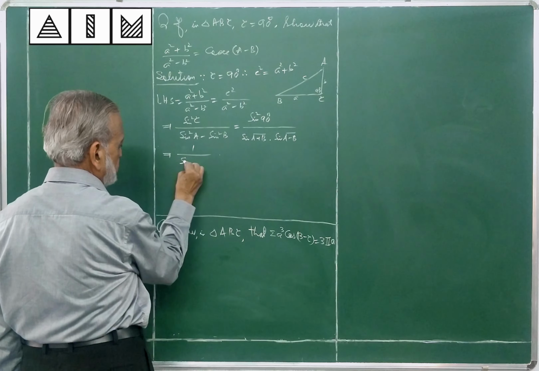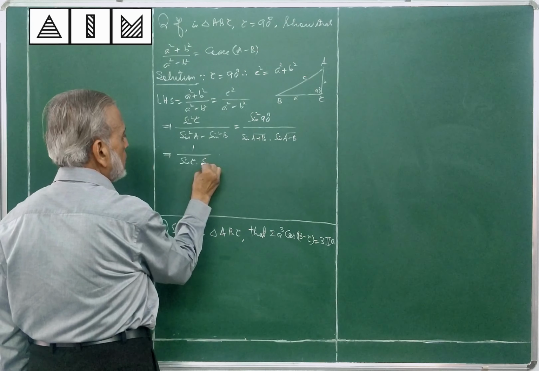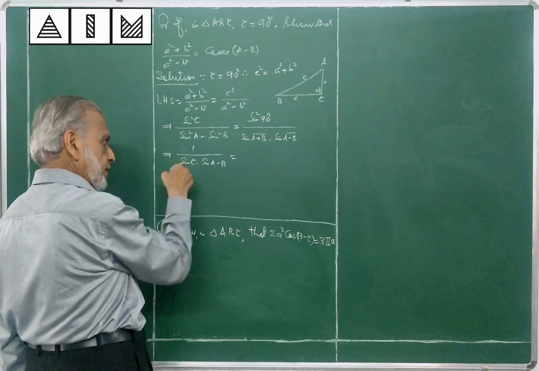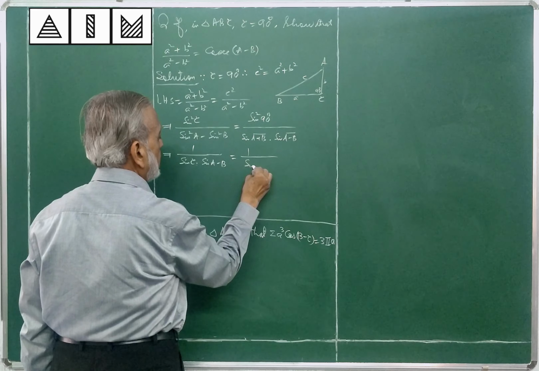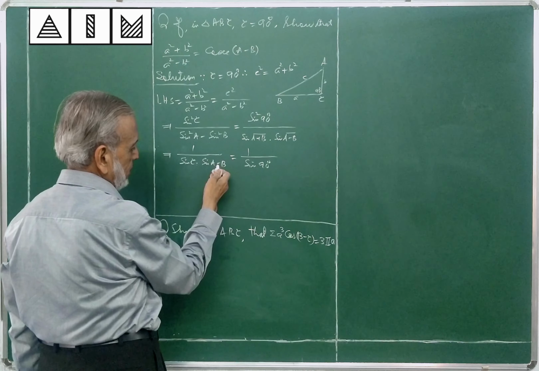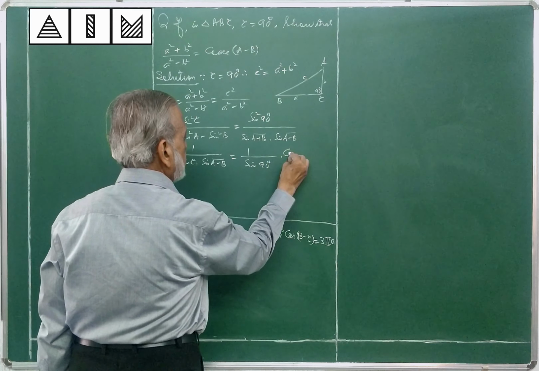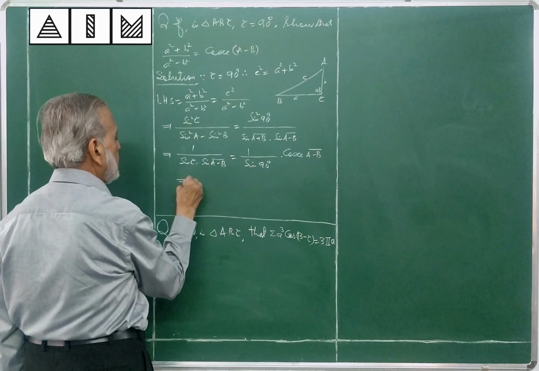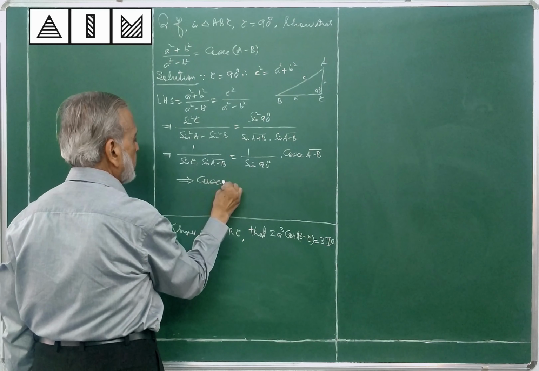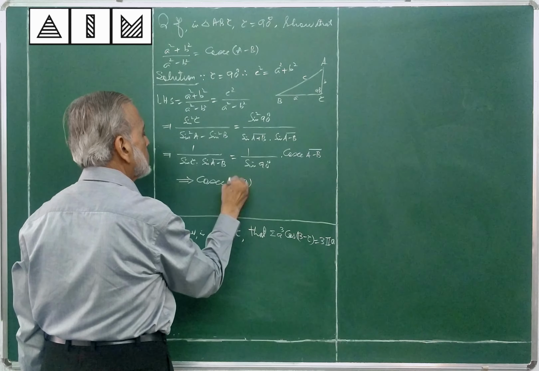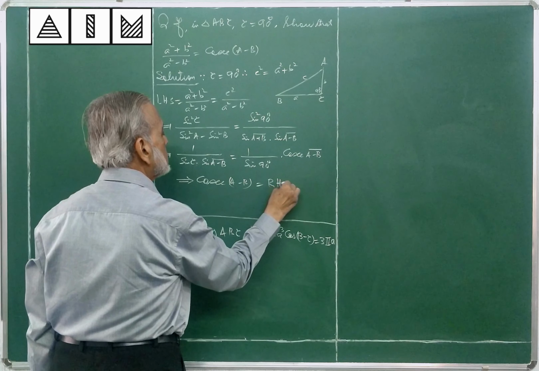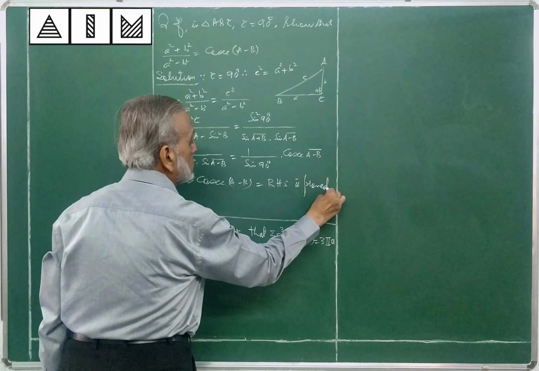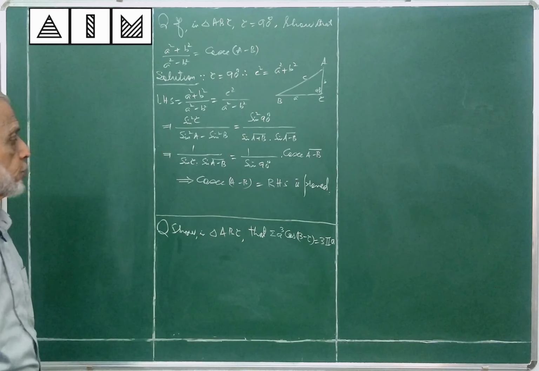Sin(A + B) is sin C, and C is 90 degrees again, so 1 by sin 90, times sin(A − B). 1 by sin(A − B) goes up as cosec(A − B). Sin 90 is 1, so this is cosec(A − B). Right hand side is proved, cosec(A − B).